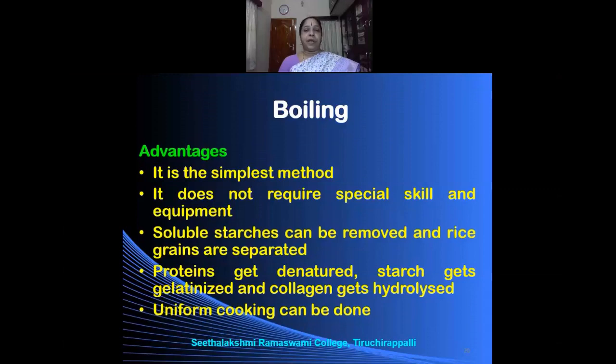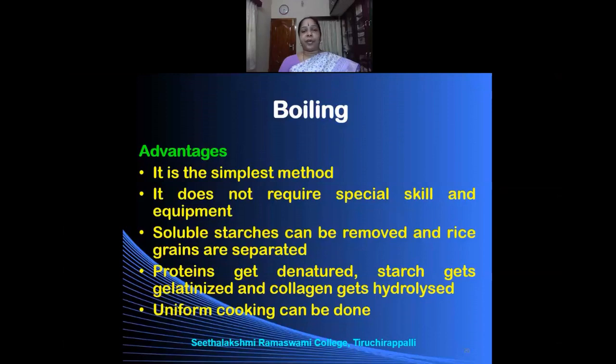The protein gets denatured during the boiling process. Though the rice and the vegetables are starchy, they do contain a little bit of protein, right? So when the rice grains are boiled or when the egg is boiled, the protein that is present is denatured. Starch gets gelatinized.